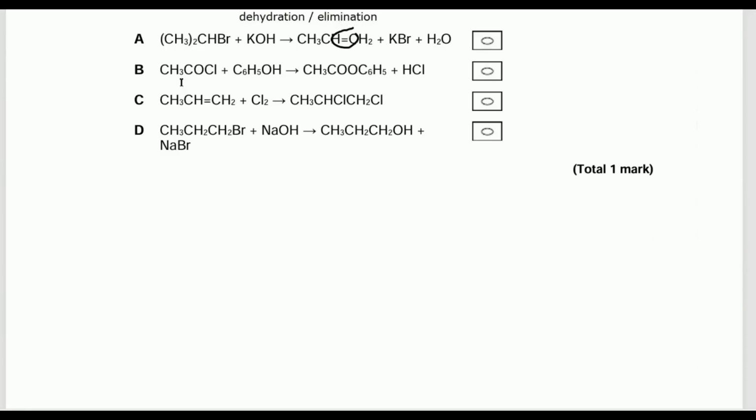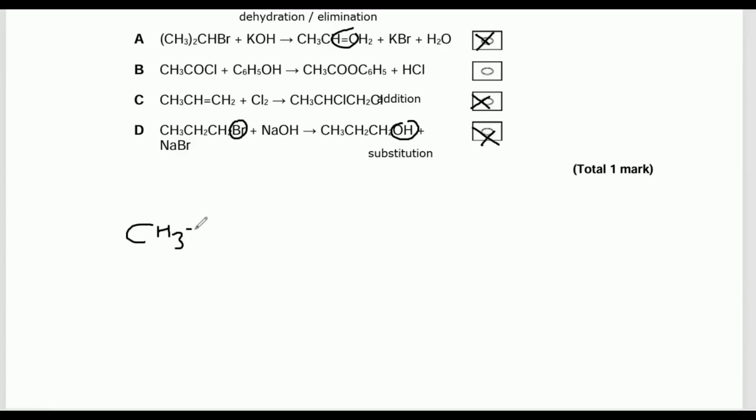And then for C, I'm seeing chlorine adding across the double bond. That's a straight up addition. There's no elimination there. And then I'm looking at this final one. I've got the bromine atom. This is a haloalkane or halogenoalkane becoming an alcohol. That's substitution. So we've got nucleophilic substitution going on down there. So that's definitely not it. So the answer's B.